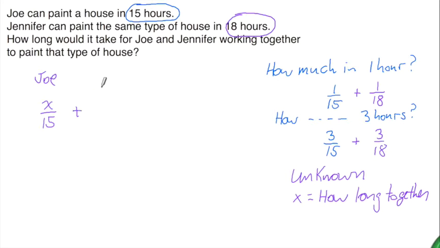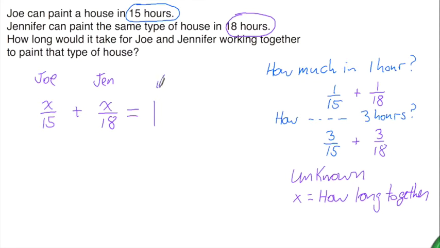We're going to add on to that Jennifer's, and I'll just put Jen up here. She's going to work the same x hours as Joe does, but her fraction is out of 18, because it takes her 18 hours to finish the job. And the total amount that we want here is like when we were dealing with just Joe. If he worked for 15 hours, he would finish 15 out of 15 of the house, better known as one whole job.